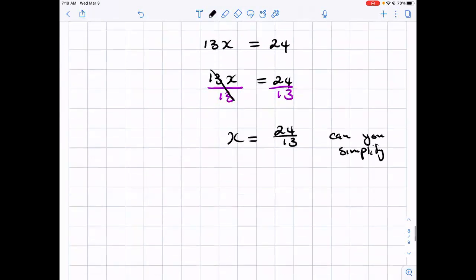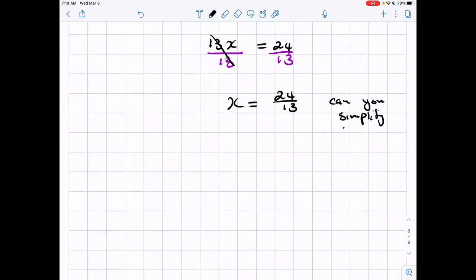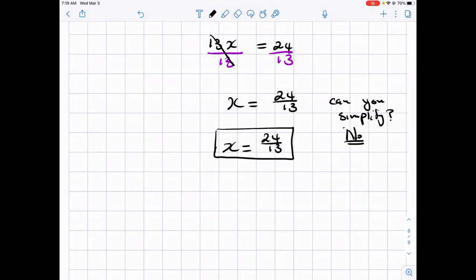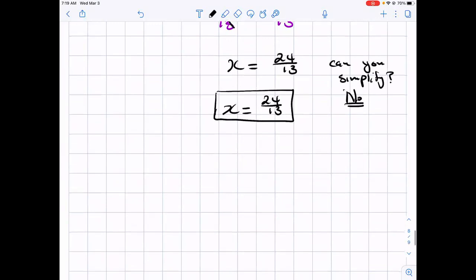Now, we don't care to write our answer as a mixed number, so the answer is no, we cannot simplify here. So we leave our answer as 24 over 13. You should ask whoever is teaching you math whether you should write your answer as a mixed number. For this lesson, I don't really care about that, but this is an improper fraction, so please note that.